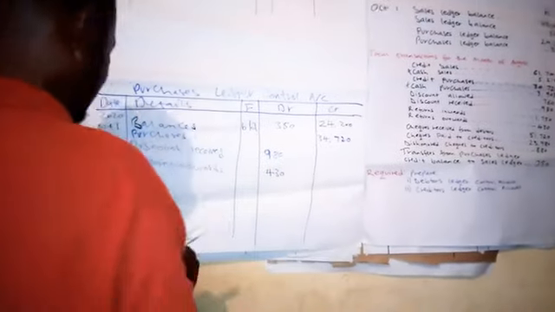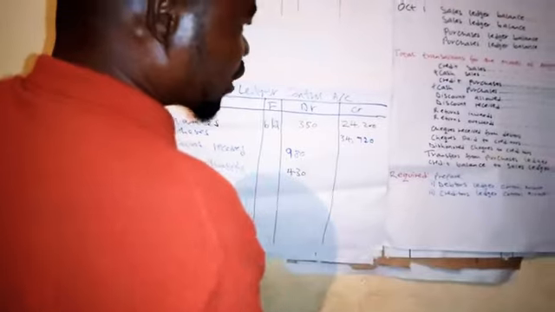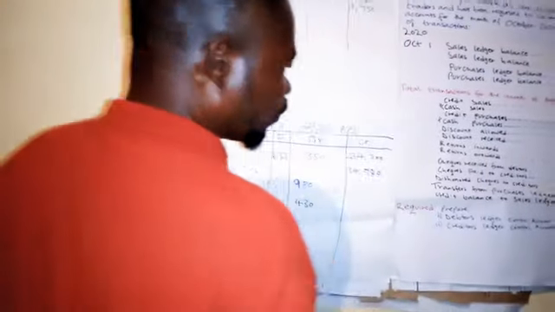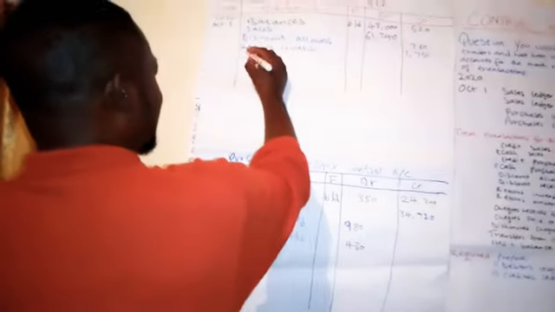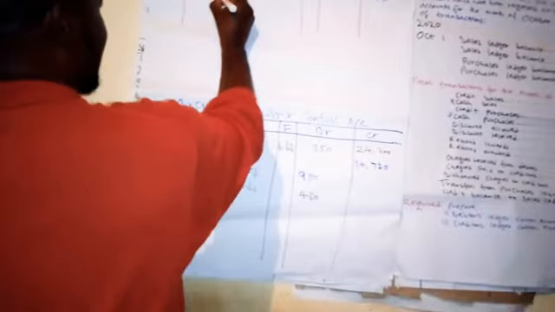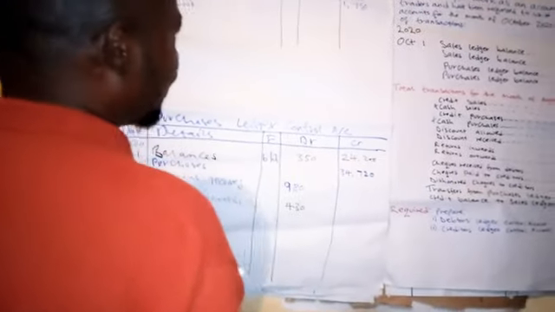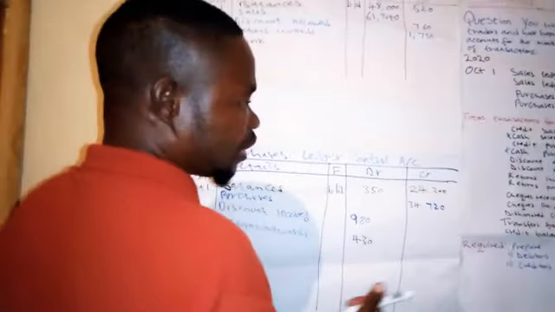Okay, 430. Then we also have checks received from debtors. Checks received from debtors affects the sales ledger. Okay, so we can write here bank. This should be recorded on the credit side.